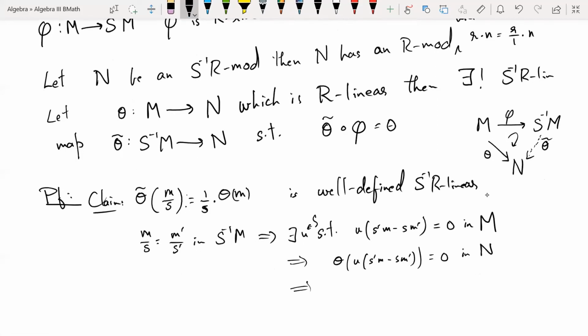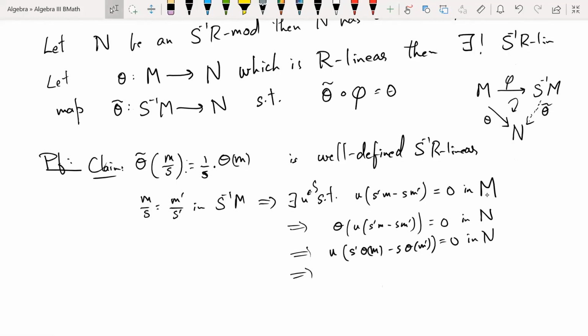This tells you that this is the same as U times (S prime theta M minus S theta M prime) is 0 in N. S, remember, acts as a unit on N, because N is an S inverse R module as well.